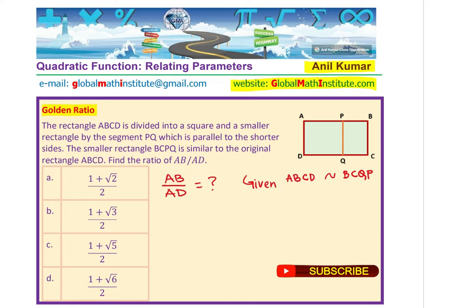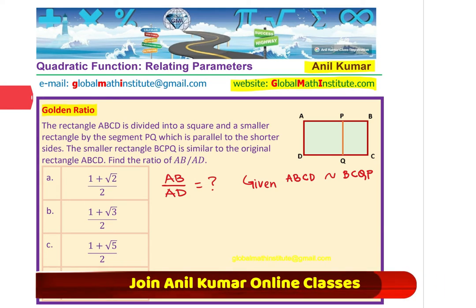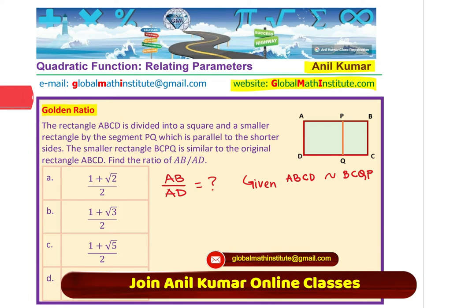So these two rectangles are similar. When the rectangles are similar, the sides will be proportional, and that can help you to find the ratio AB over AD. You are given 4 choices. One of them is definitely a right choice. Match your answer with the right choice. Perfect. So I hope that should not be very challenging. Pause the video, answer, and then look into my suggestions.